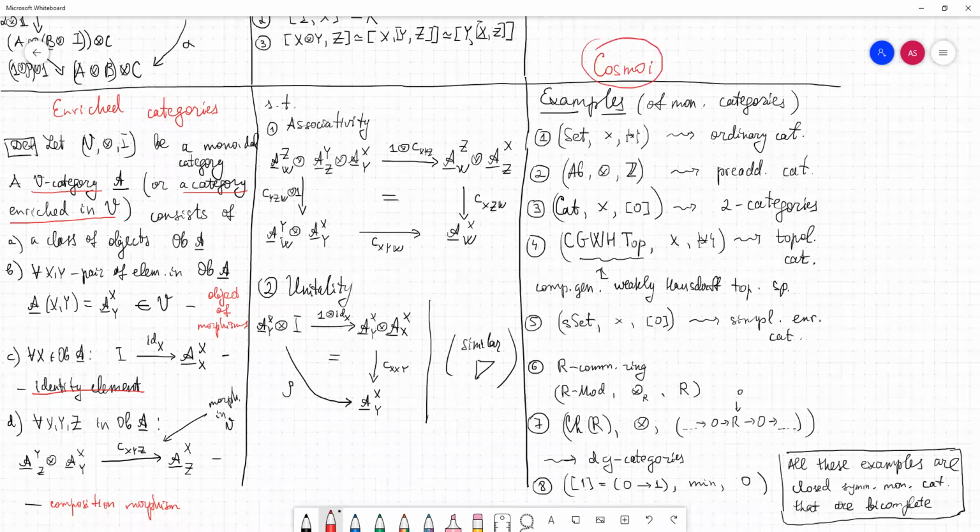Such categories are called cosmoi, in the singular a cosmos. So a cosmos is a perfect category to do enriched category theory. A closed symmetric monoidal category that is bicomplete.